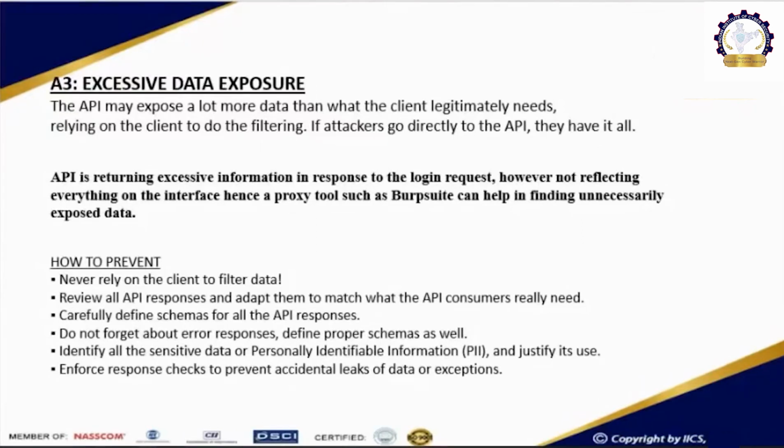So when the call has been made, it should not fetch data from other schemas. We should never forget about the error responses; we need proper schemas for them as well. Then we have to identify all types of sensitive data and personal identifiable information, PII, and justify its use. They have to enforce response checks to prevent accidental leaks of data or exceptions.